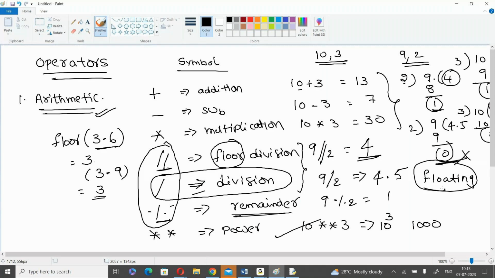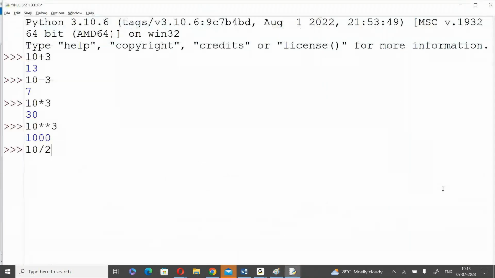Floating means decimal point. Now here what is the answer? 10 by 2. The answer is 5.0. Even though it is 5, the answer is 5.0. You got my point? Now 10 double slash 2. The answer is 5.